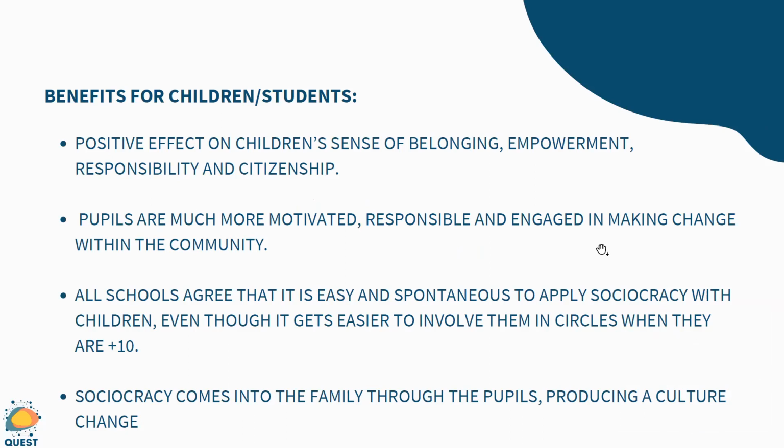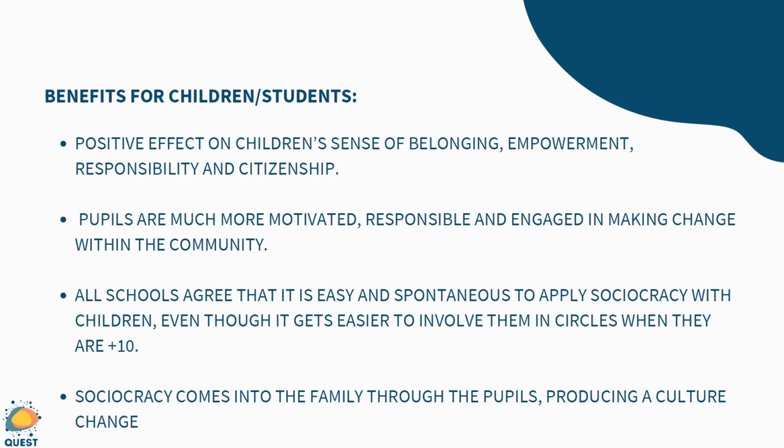We interviewed 21 sociocratic schools in Europe, and those are the results of the benefit for children and students. We realized that there is a positive effect on children's sense of belonging, empowerment, responsibility, and citizenship. Students were much more motivated, responsible, and engaged in making change, not only in the school but also within the community.